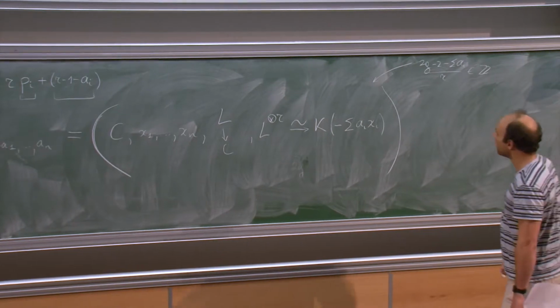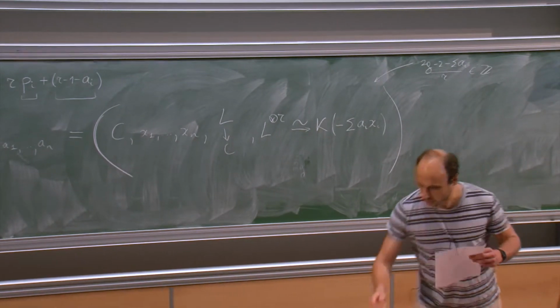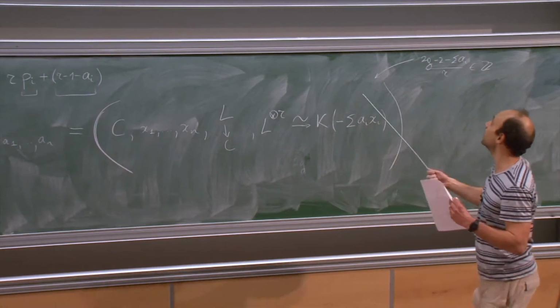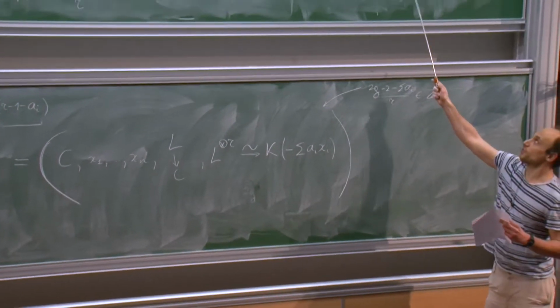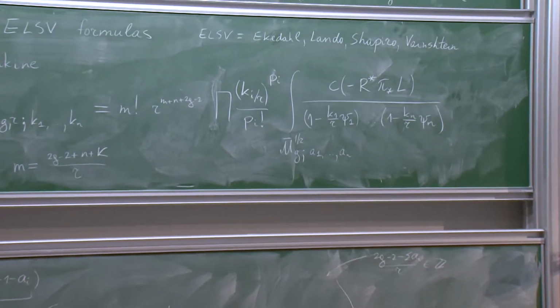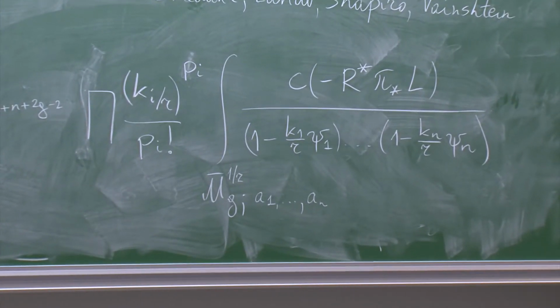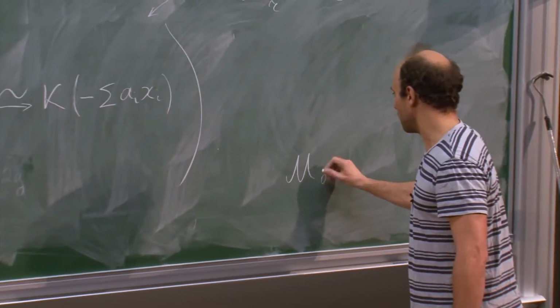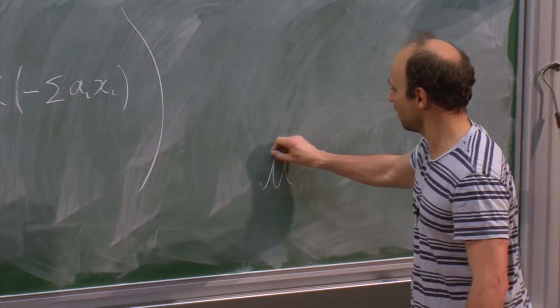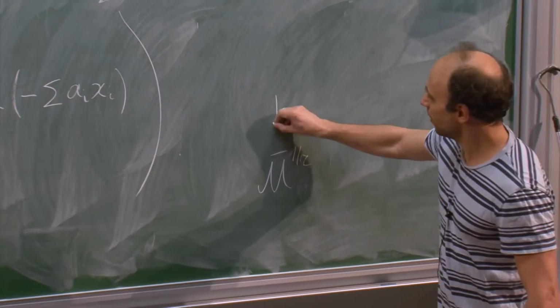Okay. And so now I have to explain one last thing. That's the thing in the numerator. So here I have my moduli space of r-spin structures.